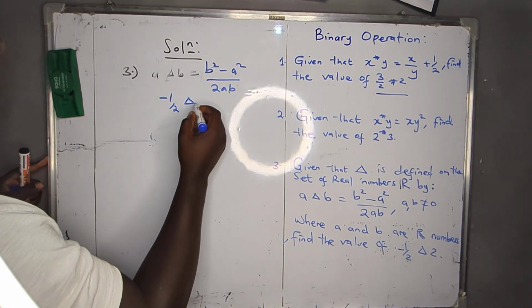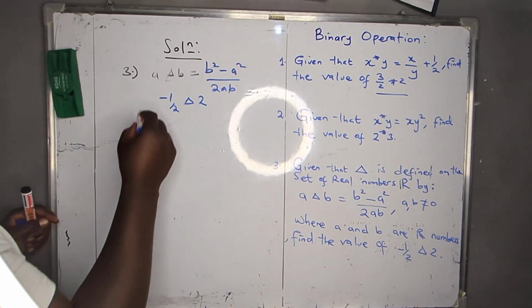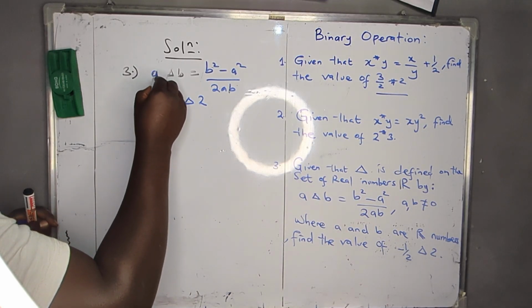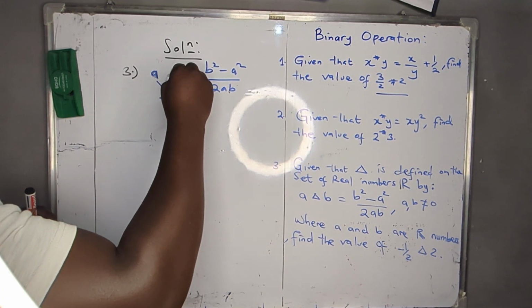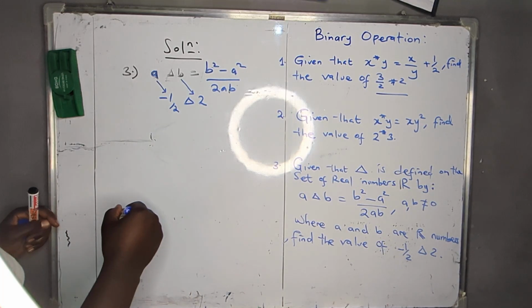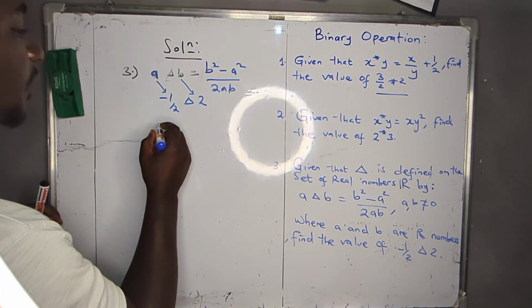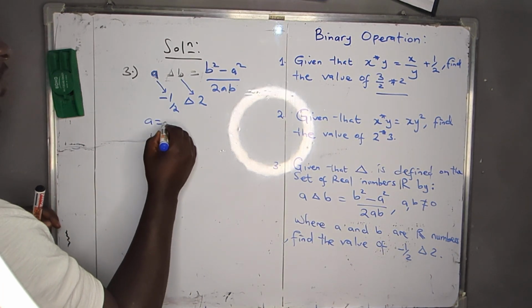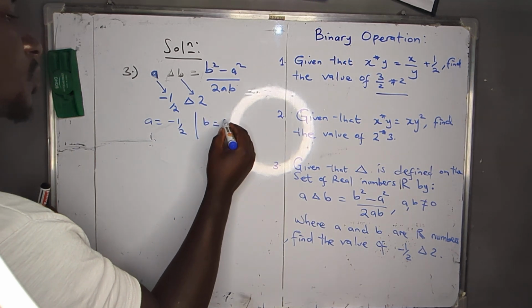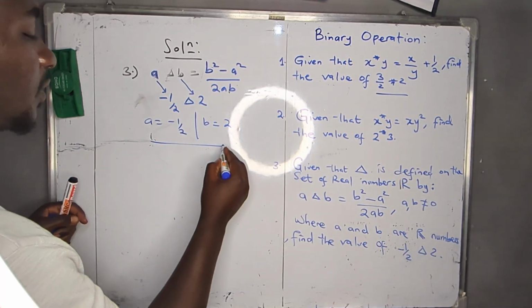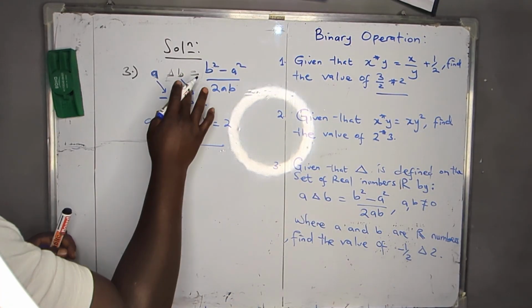-1/2 triangle 2. So now you compare, you find that this first variable here is this one, and this second one is this one. So you should say A is equal to -1/2 and B is equal to 2. Then you substitute this in the expression that you've been given.